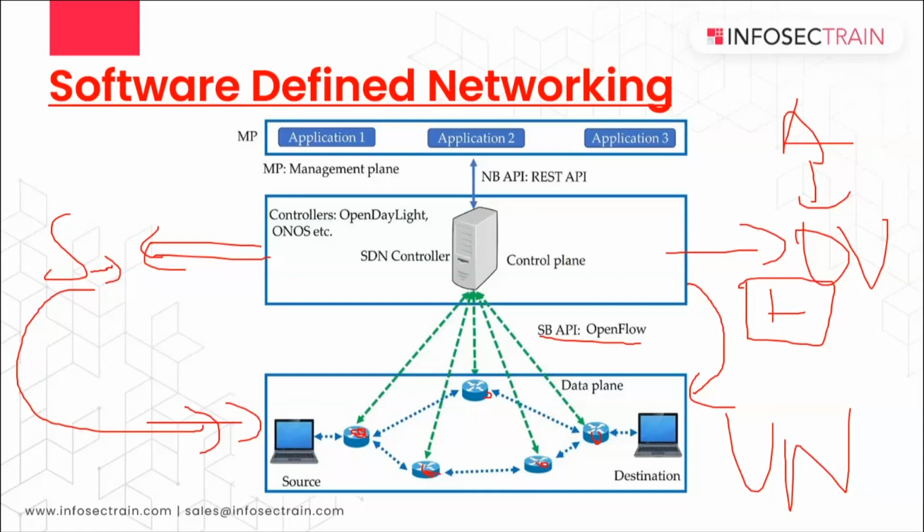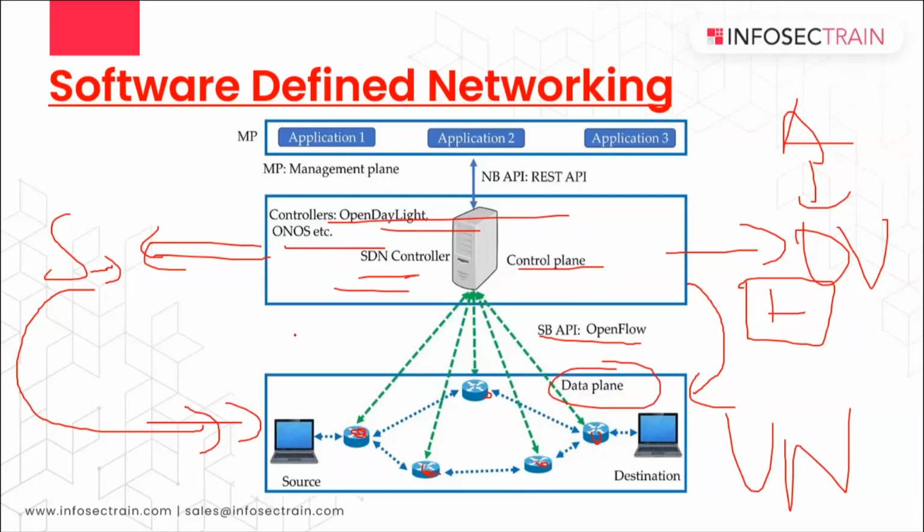So in SDN, the control plane is basically an abstraction which I have taken from the data plane, right? Allowing the admins to manage the network through a centralized controller like ONOS, Open Daylight, these types of centralized controllers. It can manage the entire network.